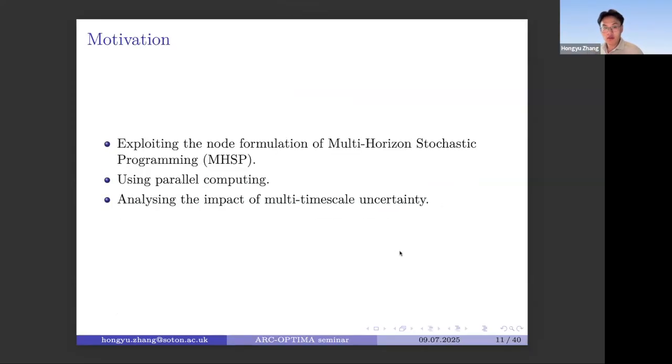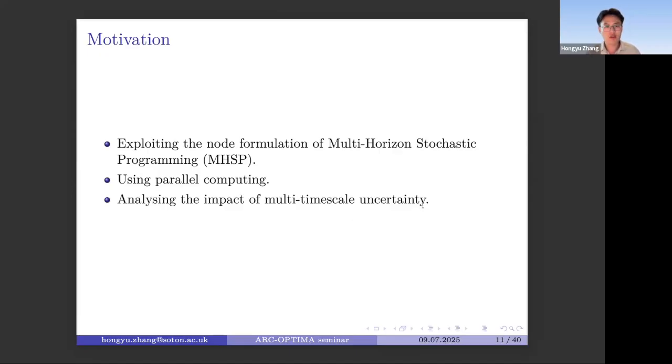And the motivation is also clear now. Again, we would like to use this multi-horizon stochastic program to model the uncertainty, and we will develop solution algorithms and utilize parallel computing to solve the underlying model efficiently, and we will analyze the impact of multi-timescale uncertainty.